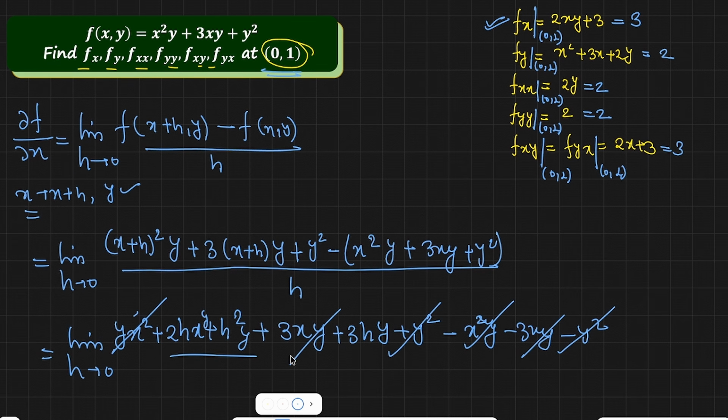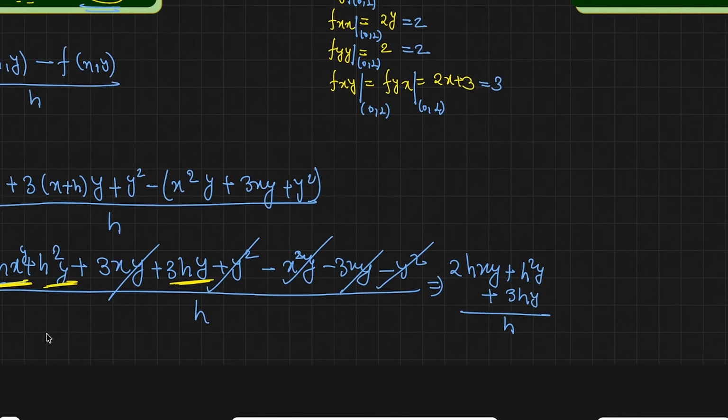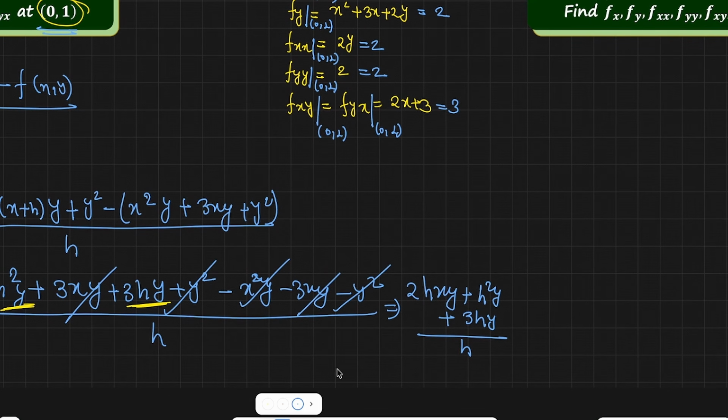What you will get from here is 2hxy, because this term is remaining, this term is remaining, and this term is remaining. So 2hxy and h square y plus 3hy, divided by h. Now when I solve this, I can take h common, because the limit is h tending to 0.